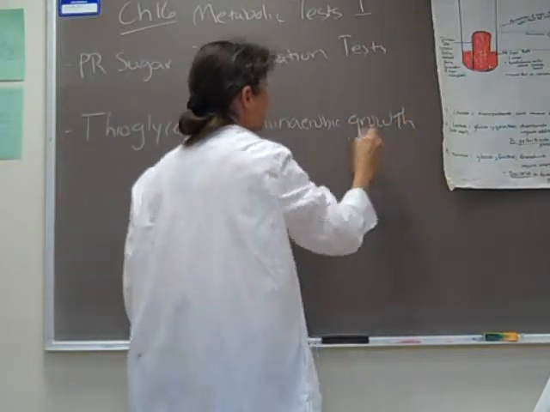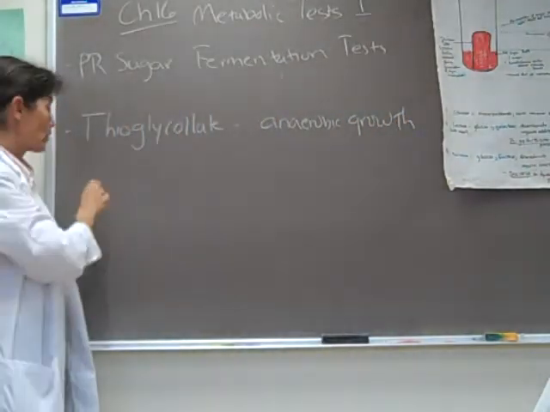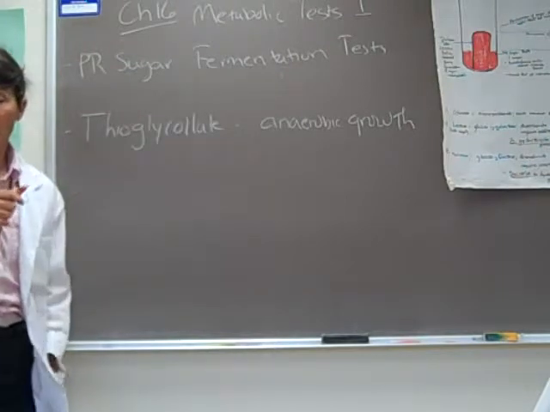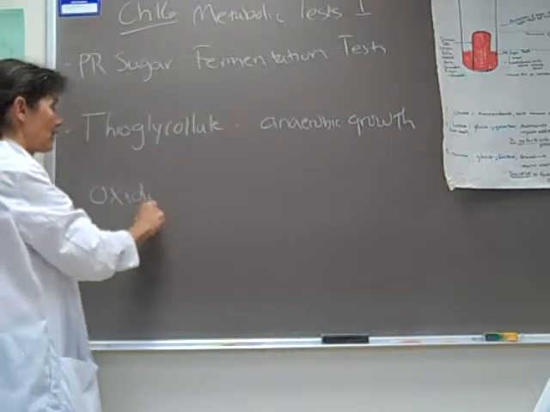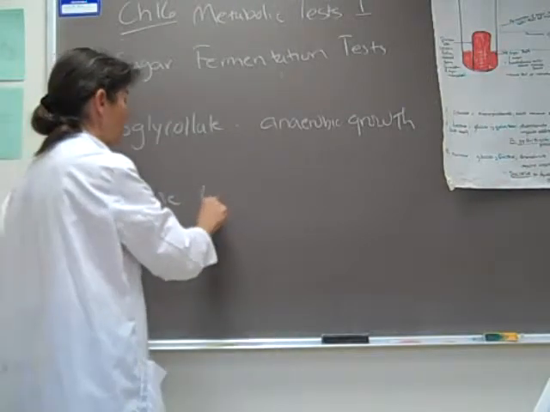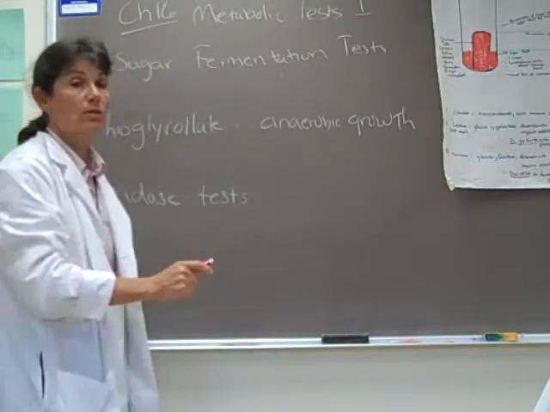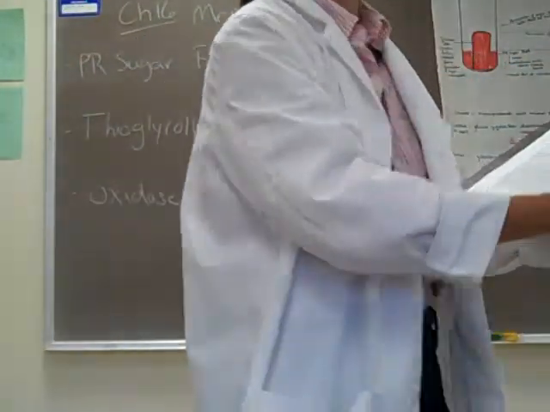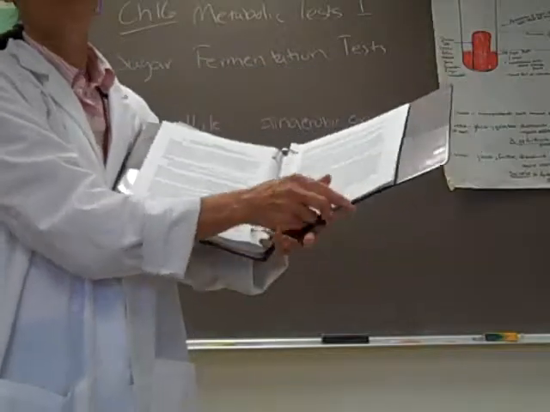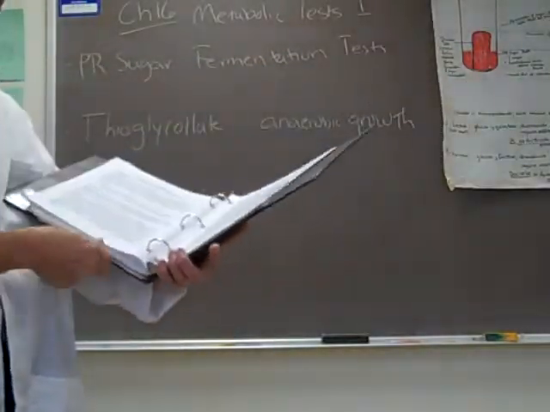And then, although we're not going to run the test, we're going to describe an important test that's used in diagnostic bacteriology called the oxidase test. Okay, so these are the 3 tests that we're going to describe today. And they're all described in your lab manual, if you haven't had a chance.